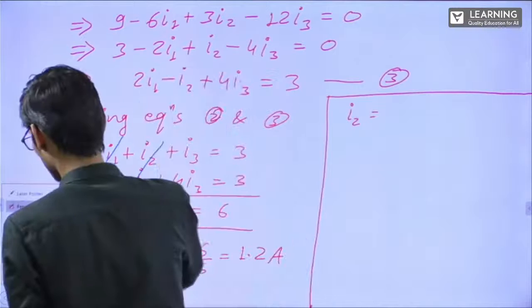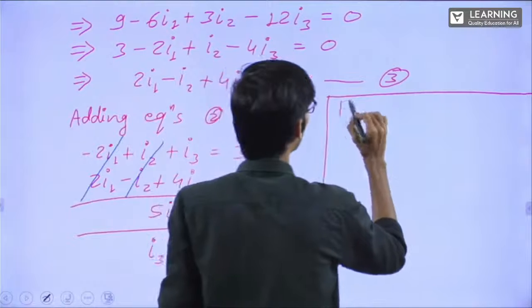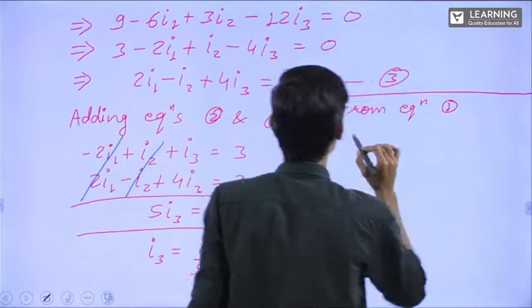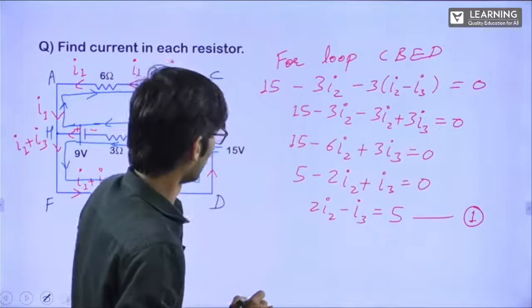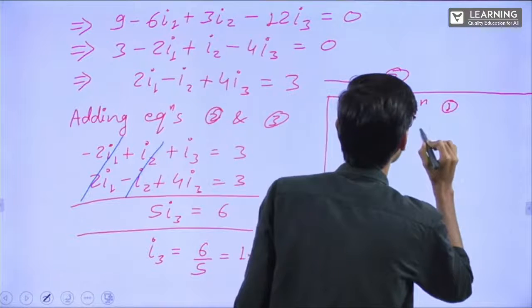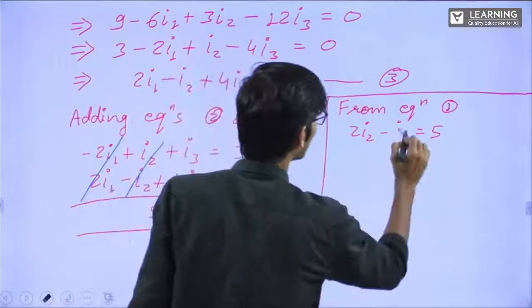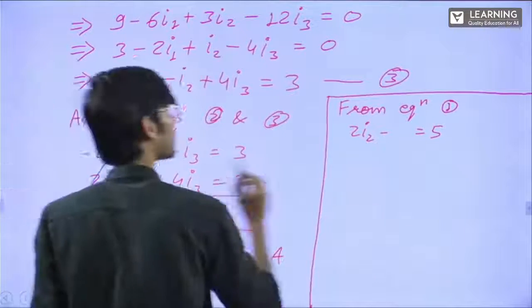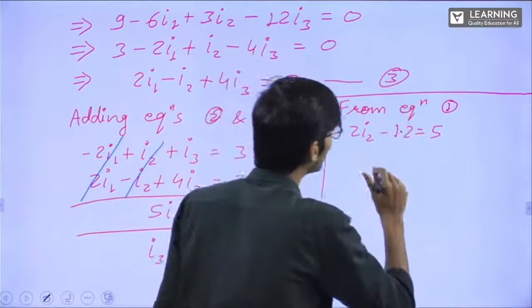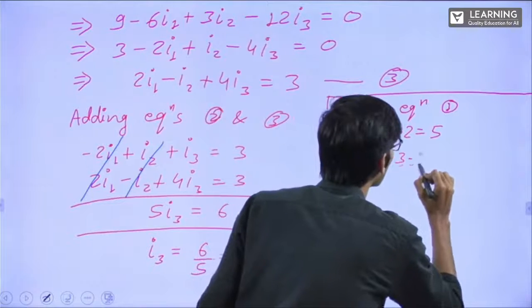From equation 1, 2 I2 minus I3 is equal to 5. I3 is given as 1.2. So 5 plus 1.2, 6.2. I2 will be 6.2 divided by 2, that is 3.1 ampere.